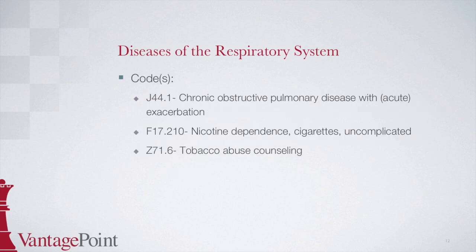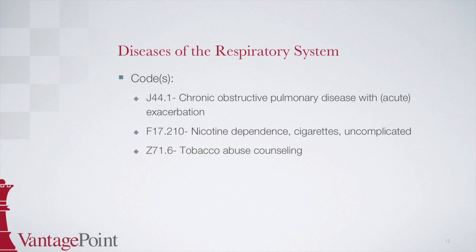The first code is J44.1, chronic obstructive pulmonary disease with acute exacerbation. Since COPD stands for chronic obstructive pulmonary disease, start by locating disease in the alphabetic index and then locate the term pulmonary.